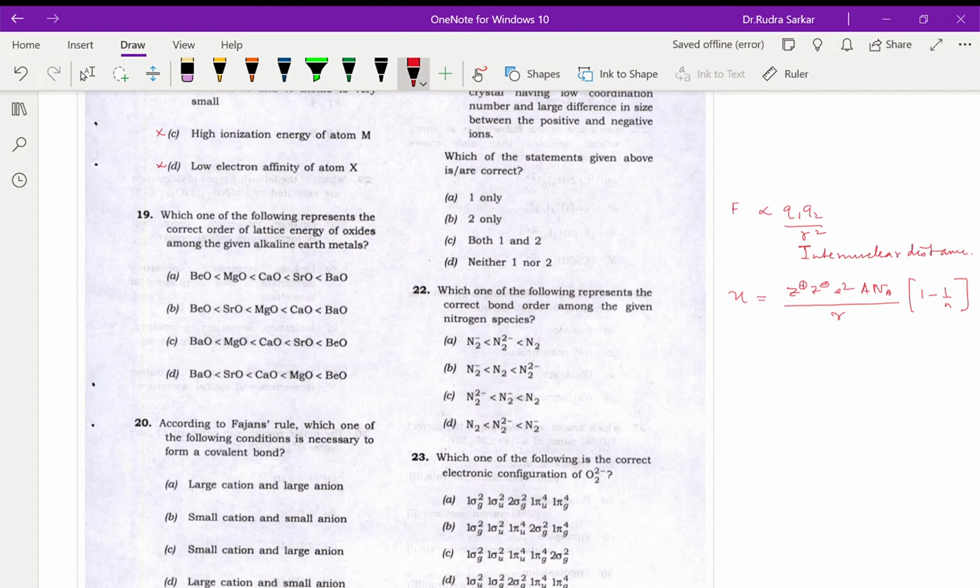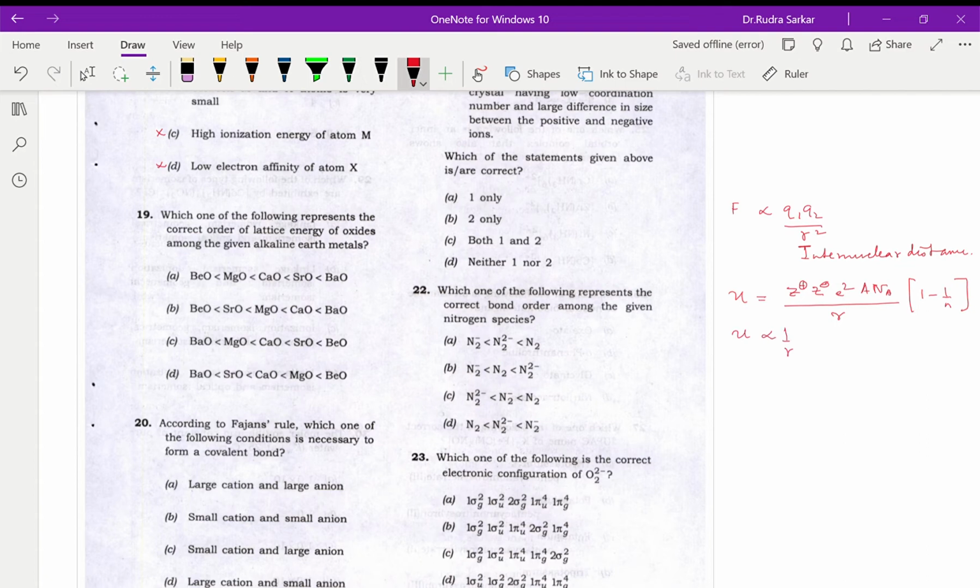So here Z plus is the charge of the cation, Z minus is the charge of the anion, e square is the electron charge, A is the Madelung constant, N A is the Avogadro number, and R is again the internuclear distance. So U is basically inversely proportional to R. That is what I'm trying to say.